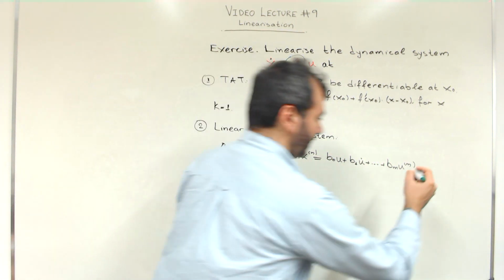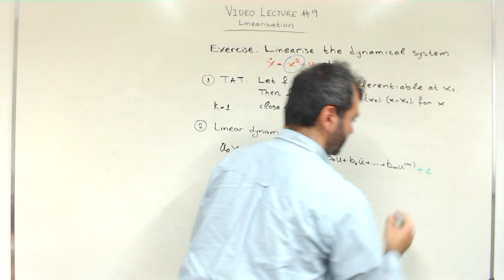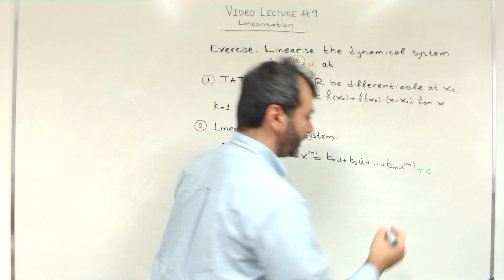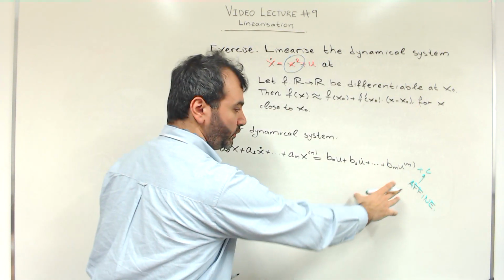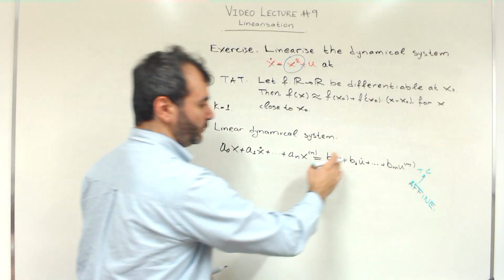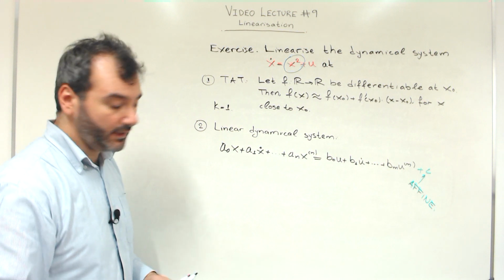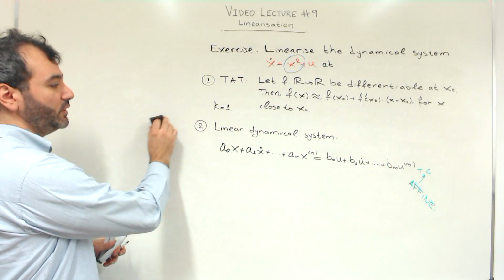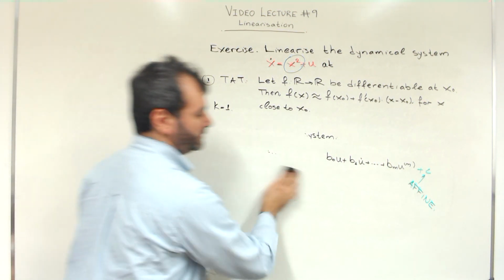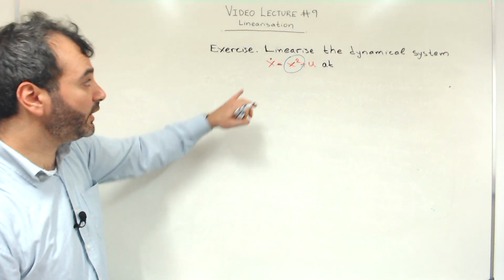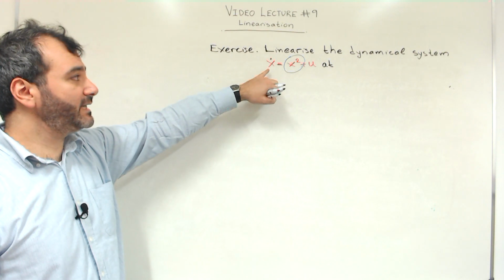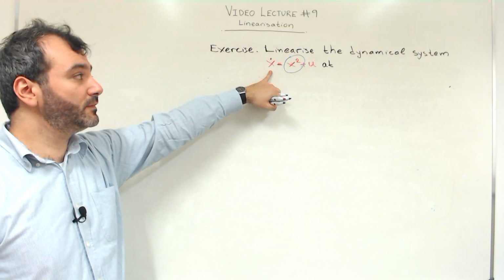This is not a linear dynamical system. This is called an affine dynamical system if we have a constant term. This is not what we're trying to achieve. This is what we're trying to achieve, the black equation. So this is from the previous lecture, just a short revision. And now the exercise is to linearize this nonlinear dynamical system.